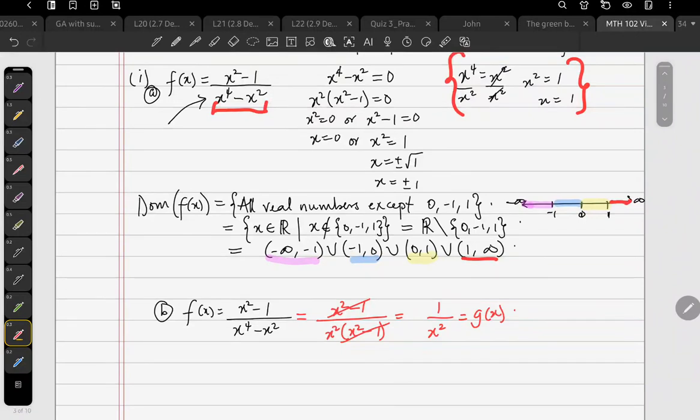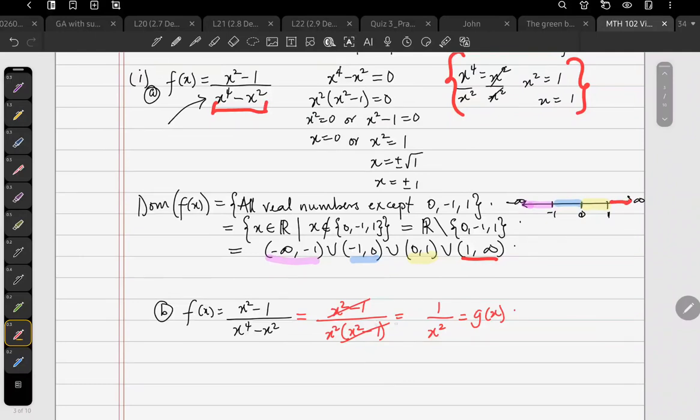So if we can get the range of g of x, that gives us an idea of the range of f of x. It's just that the range of g of x, which is a smaller version of f of x, is going to be bigger than the range of f of x. When I say bigger, I mean it contains the output of some of the problematic numbers that we have cancelled.